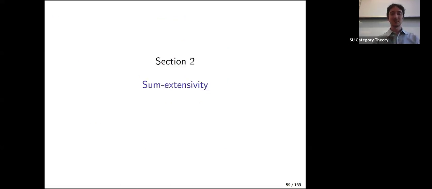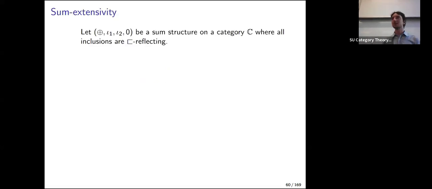Okay, cool. So now we move on to sum extensivity. What I didn't mention earlier was that the starting question we asked ourselves in this project was: we've got these two equivalent notions of extensivity, one defined by a functor being an equivalence, and the other with this pullback coproduct condition that we can impose.